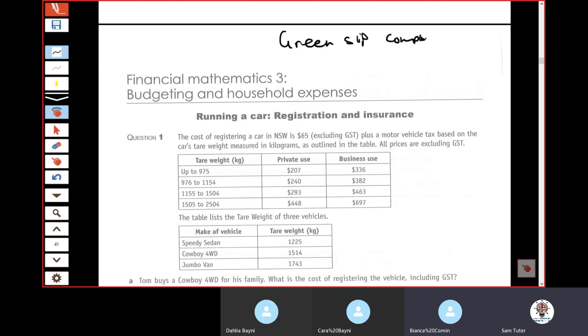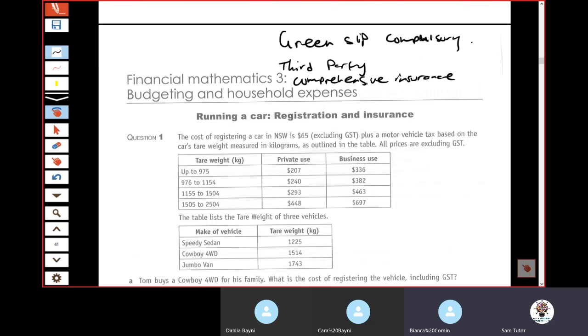Compulsory insurance means you cannot drive your car without this particular type of insurance. Then there's third-party insurance and comprehensive insurance. And then of course there's all the extras if you want it, like insuring your windows or whatever.